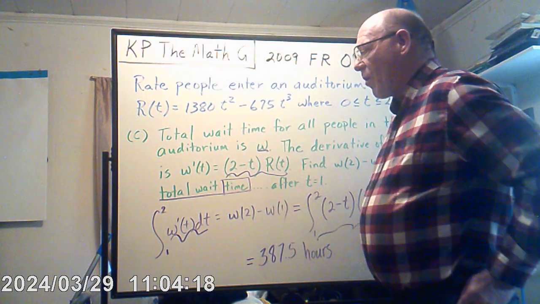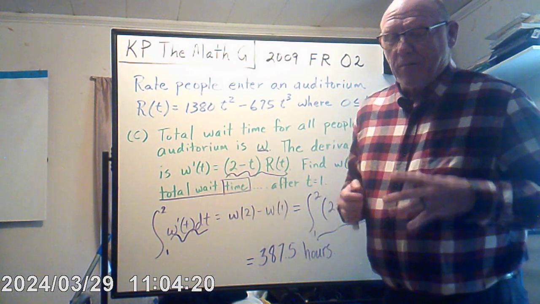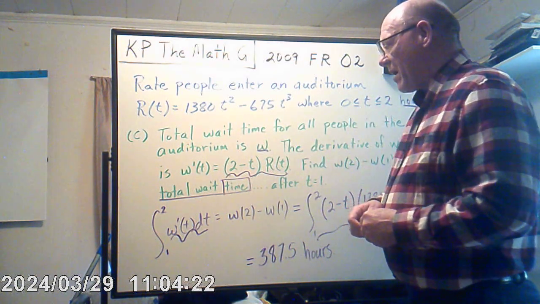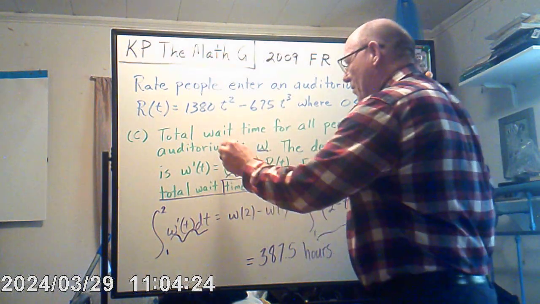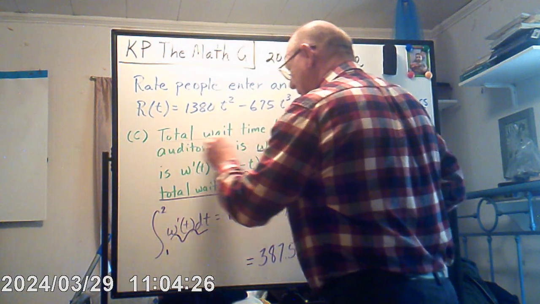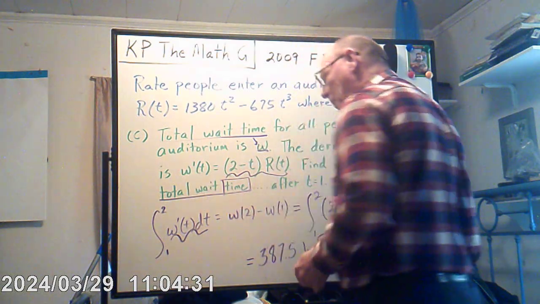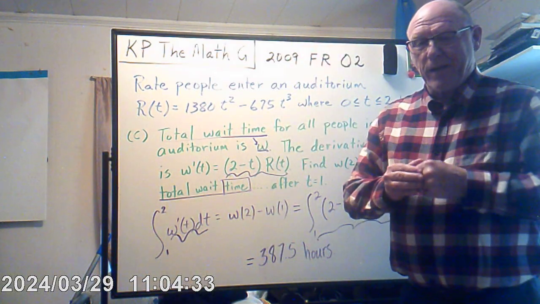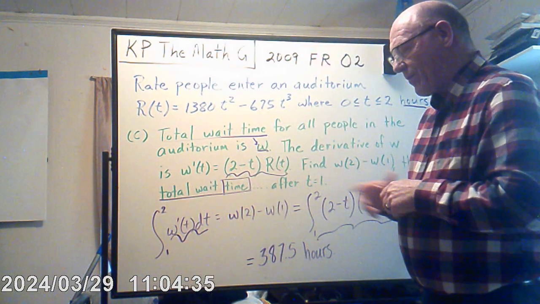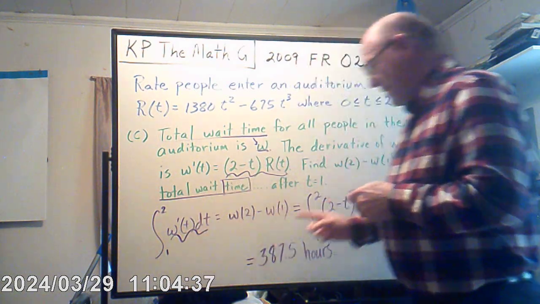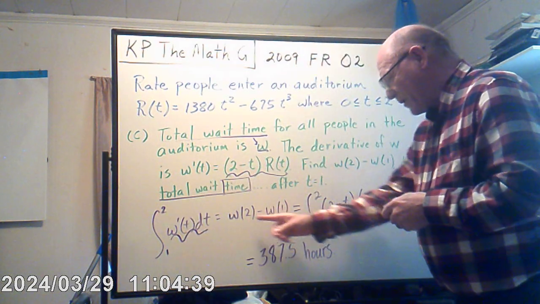Put it in your calculator, 387.5 hours. So that's the idea behind this: when you see what total wait time is, it is W, but they give you the derivative on purpose so that when you take the antiderivative of it, or the definite integral of that, then you will see that's what you're looking for.